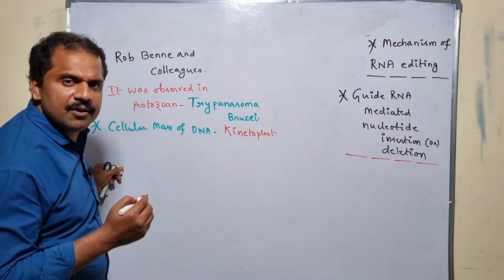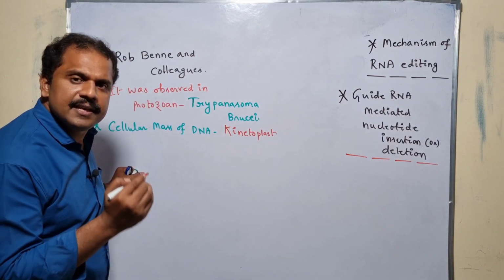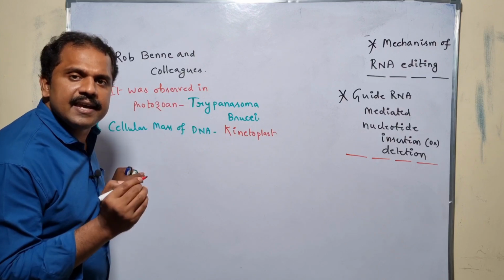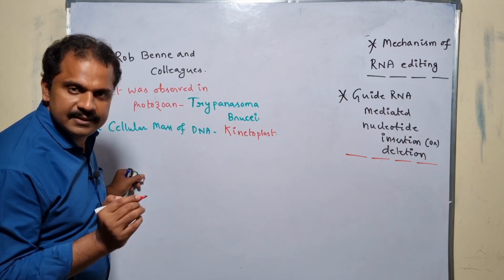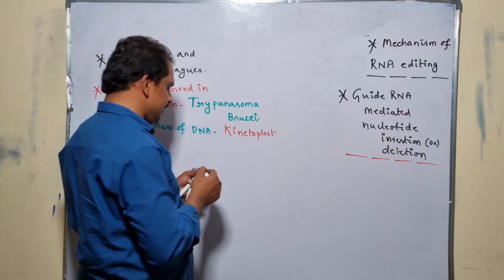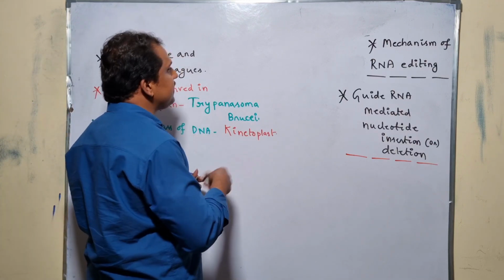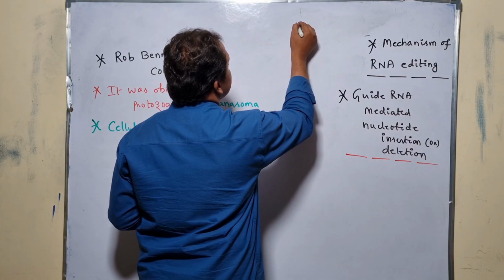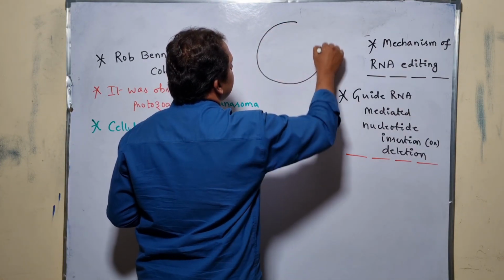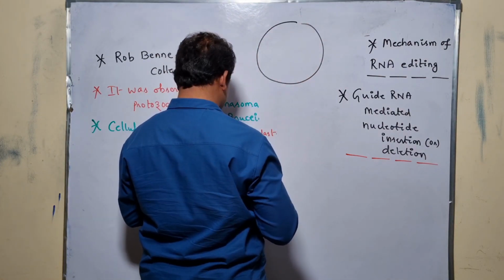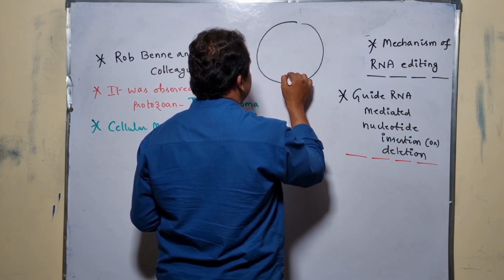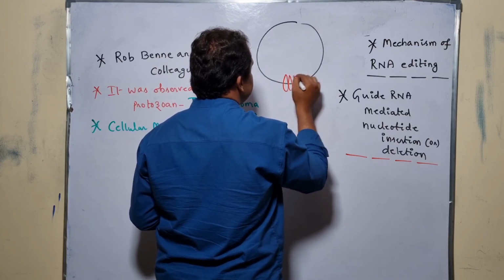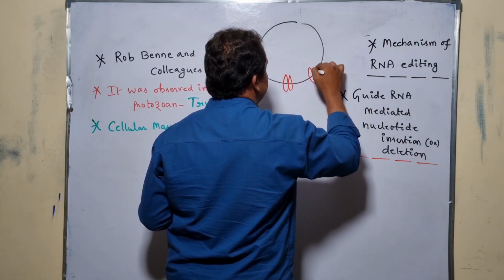So here what is kinetoplast? Here kinetoplast is nothing but an aggregation of maxi circle and mini circle. Is it clear? So let me print it on the board. Maxi circle and mini circle.